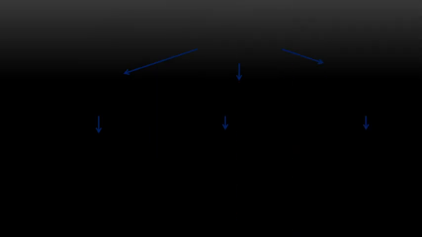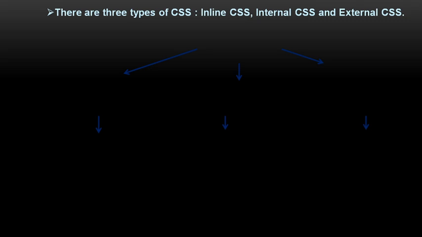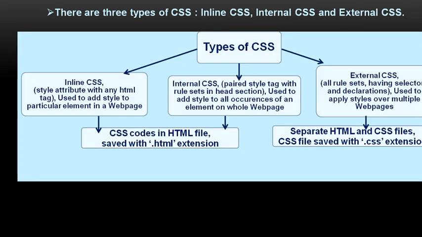Now let us see the different types of CSS. There are three types of CSS: inline CSS, internal CSS and external CSS. The very first one, that is inline CSS. We use inline CSS when we want to add style to particular element on a web page.